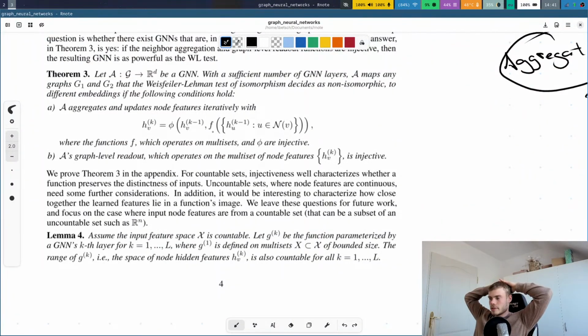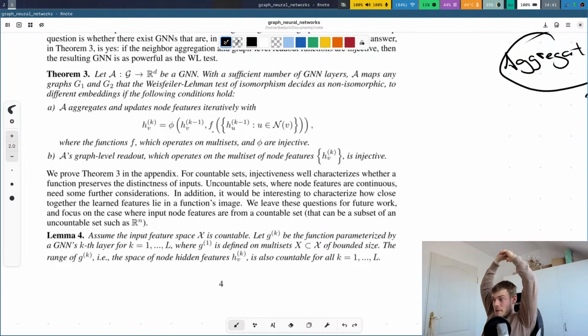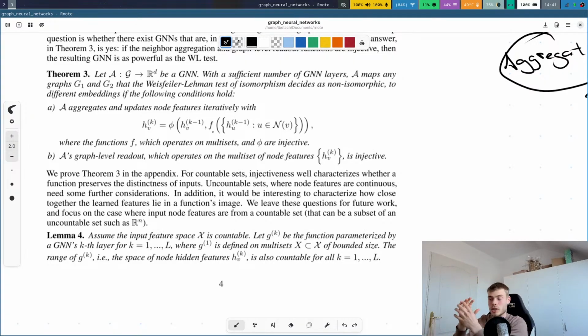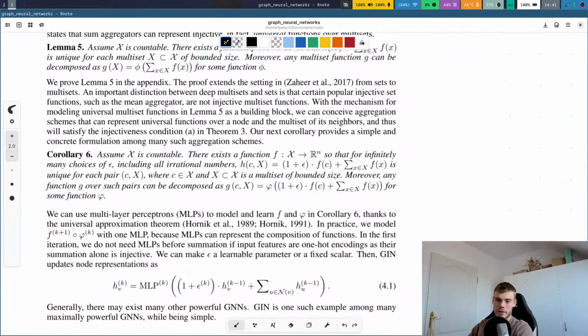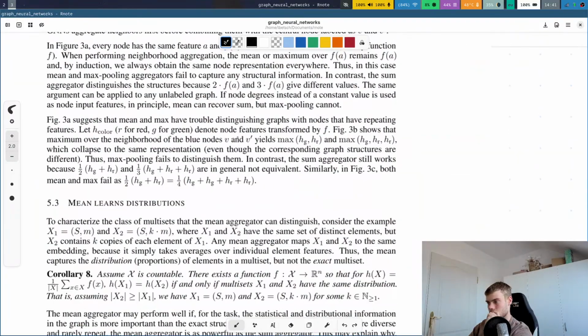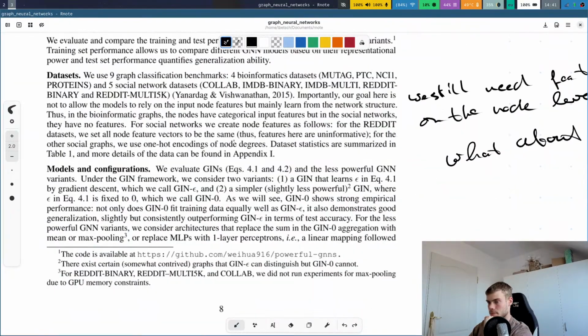So a graph neural network that maps two graphs that are topologically or structurally the same to the same output. And if the graph has a different structure, it should map it to different outputs. And then you can learn something about graphs, like whatever. We could look at the datasets then in detail, but yeah.